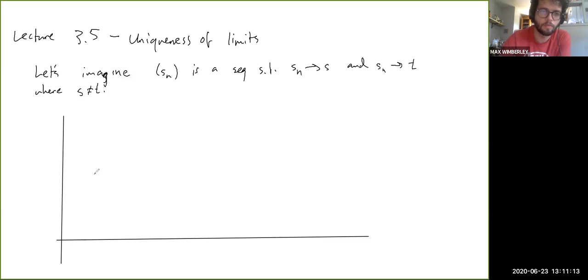First let's plot the values of S and T. Let's pretend that they're both positive, and that S is smaller than T. So here's S, and then here's T.